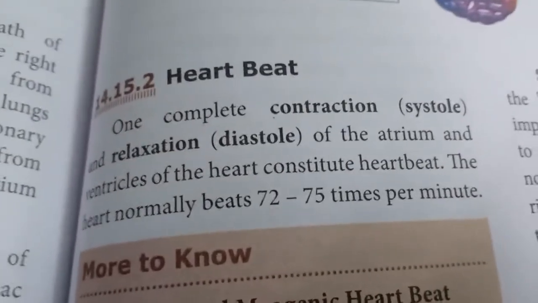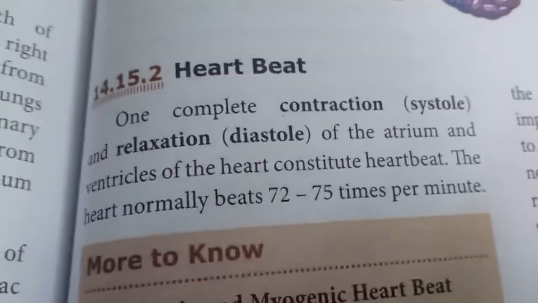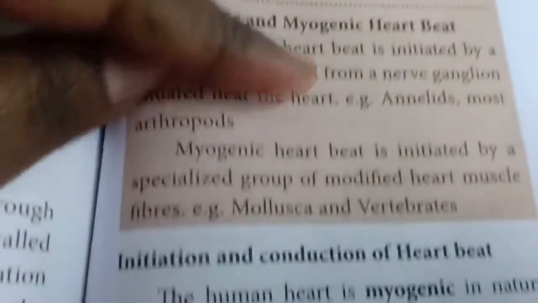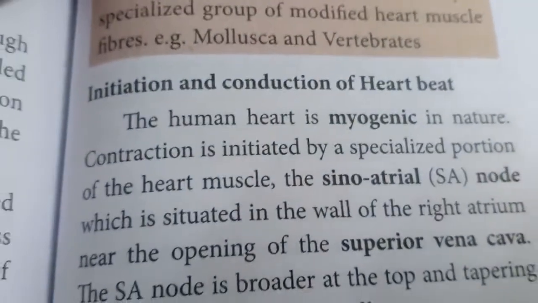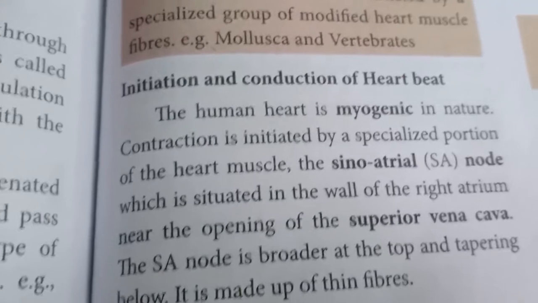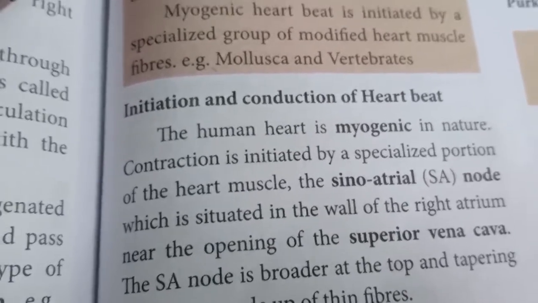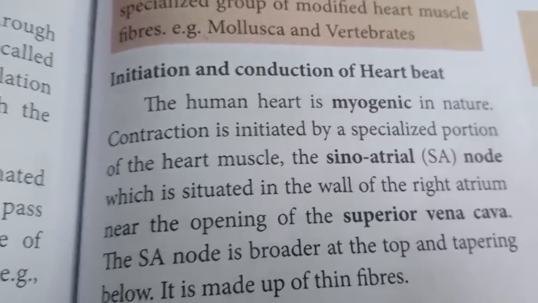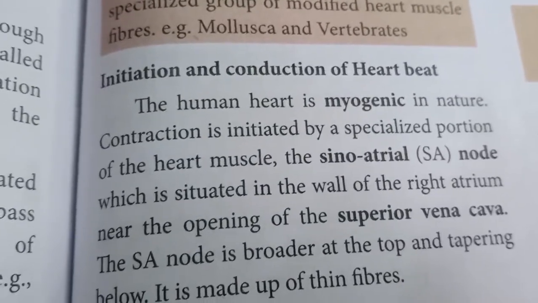One complete contraction is systole and relaxation is diastole. Then coming to our initiation and conduction of heartbeat. The human heart is myogenic in nature, and contraction is initiated by a special portion of heart muscle called the sinoatrial SA node.